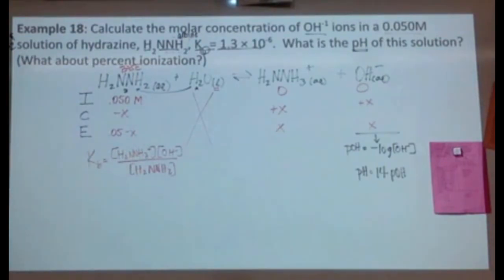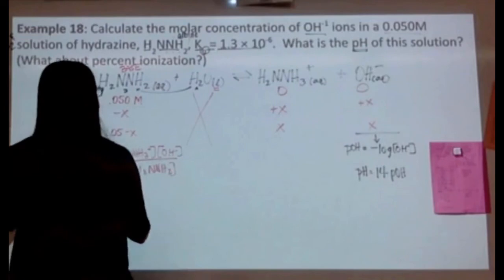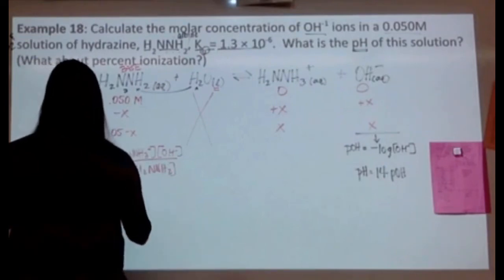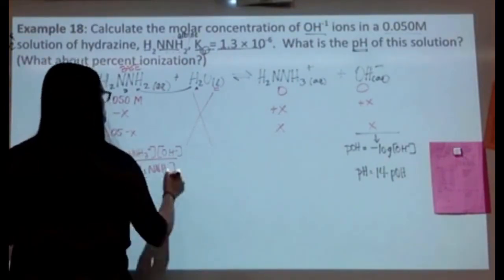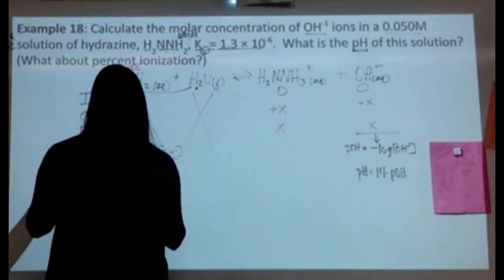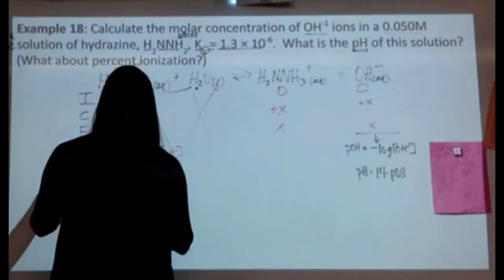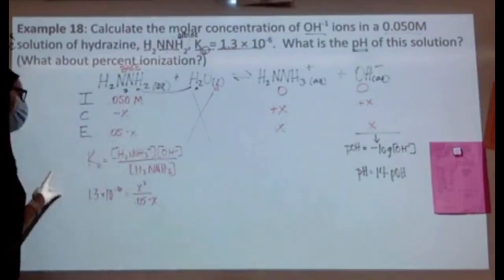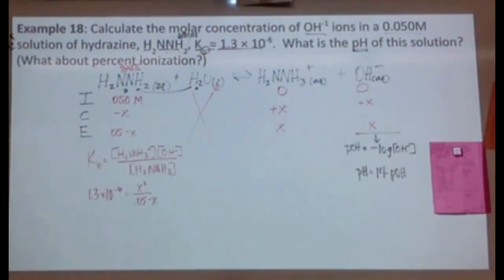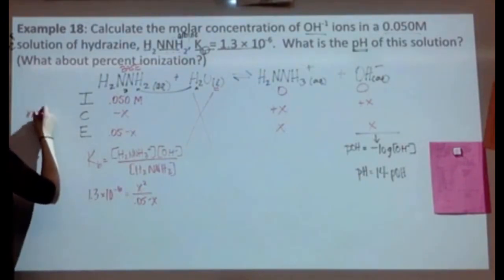No water. This water's a liquid. So now they gave us the Kb value. 1.3 times 10 to the negative 6 is X times X over 0.05 minus X. Again, if you make the assumption, you have to write down that you're making the assumption that X is small.